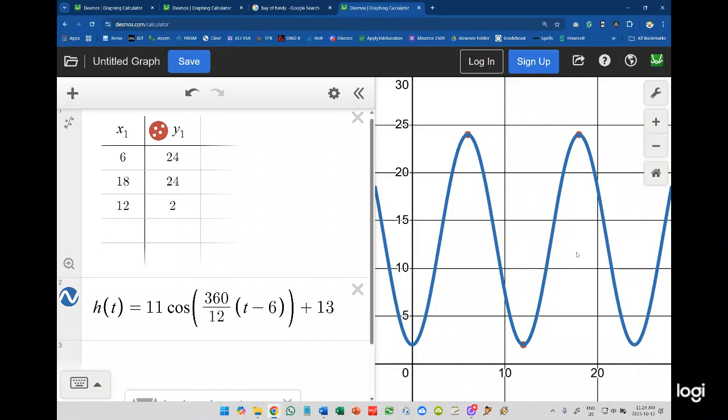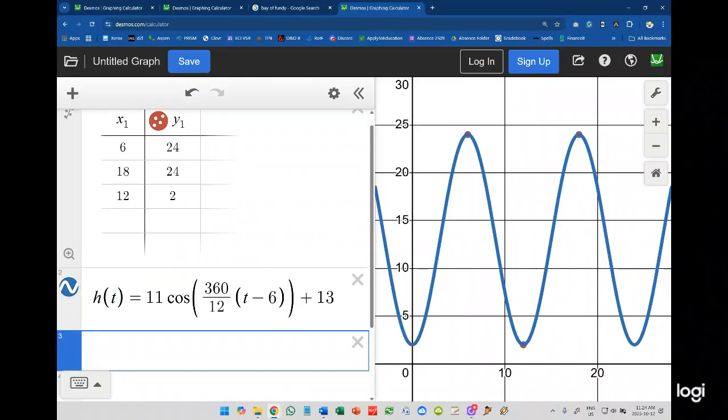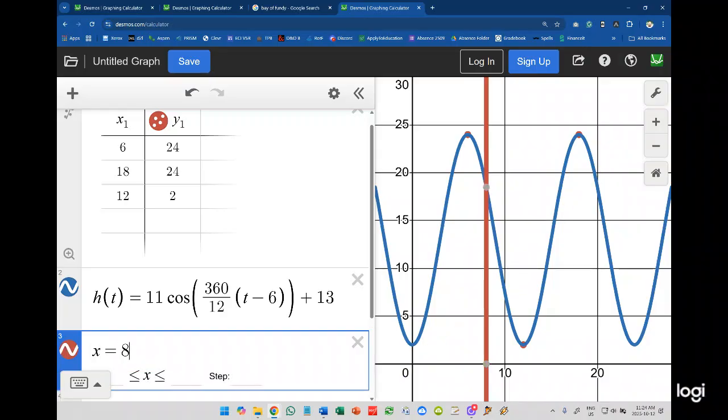We just did that. Now the next one is kind of interesting. It asks us at 8 a.m., how high is the water? Well, if I wanted to do this algebraically, I could just punch in t equals 8, work out the answer and find out. Or I can just say the x value is right there.